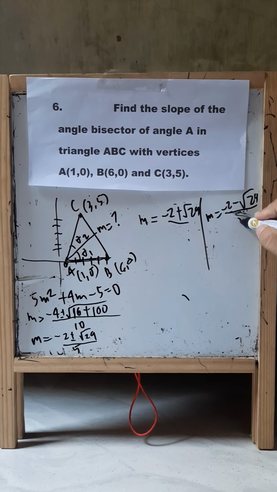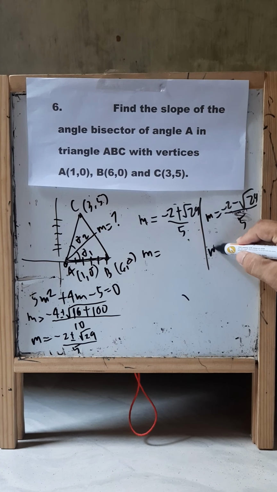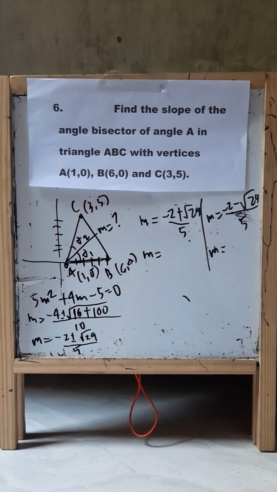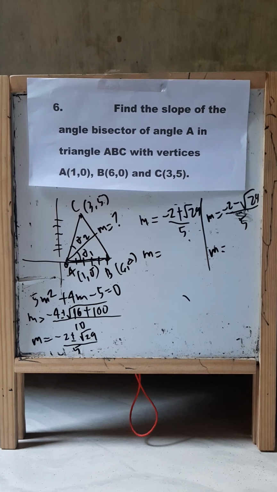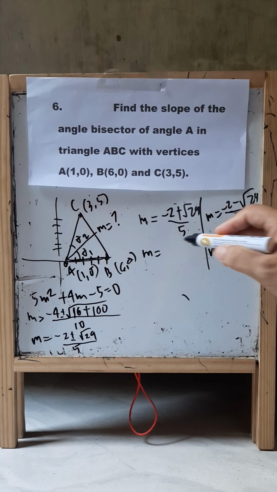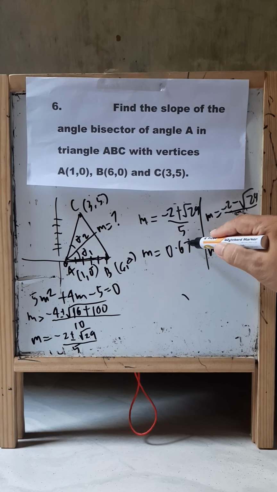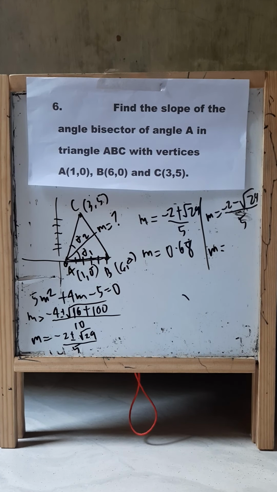Okay, what is the equivalent decimal value of these two? Negative 2 plus square root of 29 divided by 5 is 0.67 or 0.68, rounding up to the nearest hundredths. And how about this? Negative 2 minus square root of 29 divided by 5. This is negative 1.5.